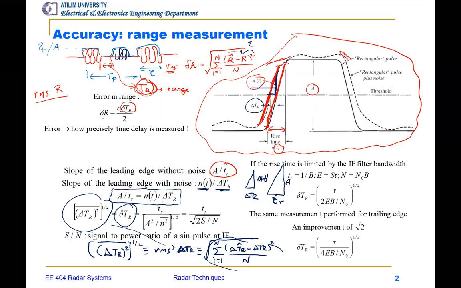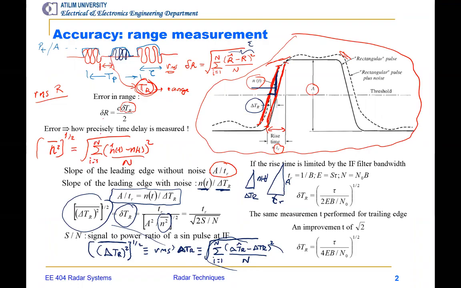Now, then I can write similarly here the noise. Noise is also a random process. So n squared average to the 1 over 2 is simply again the summation of n cap of t minus n of t squared divided by n, from 1 to n.